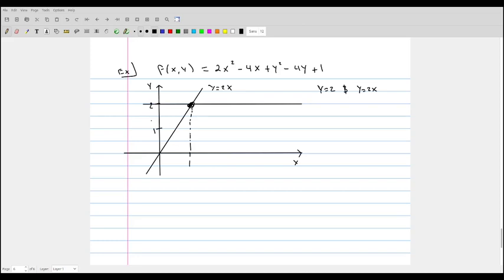So the region bounded by the line y equals 2 and y equals 2x is exactly this domain right here. In which case this domain has a couple of different boundaries. It has the boundary corresponding to x equals 0. It has the boundary corresponding to y equals 2. And it has the boundary corresponding to this line y equals 2x.